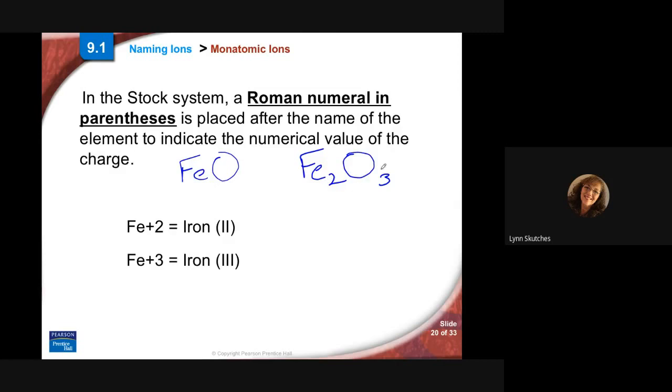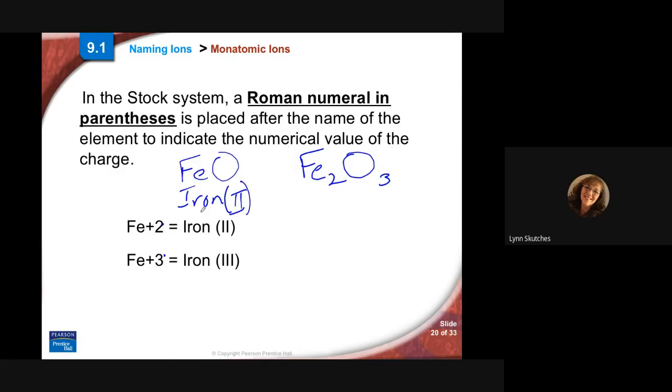Okay, Fe2O3 is rust. FeO is a black compound. Okay, so you know the color of rust, it's rust colored, but they're both made of the same two elements, but they look very different, and that's because they have different iron ions. And so when we name them, we will name them with the Roman numerals. This one is iron 2.